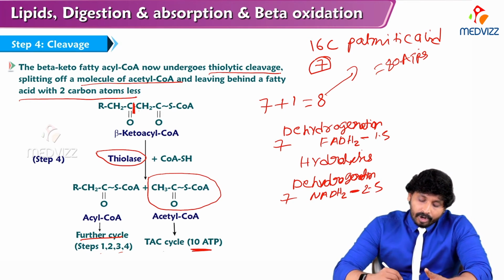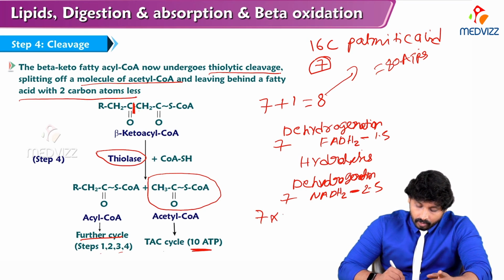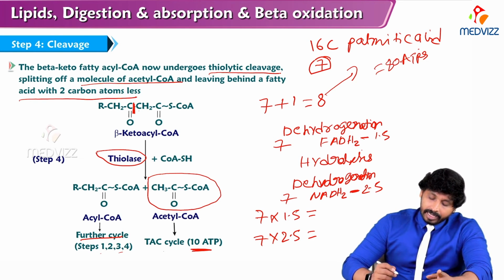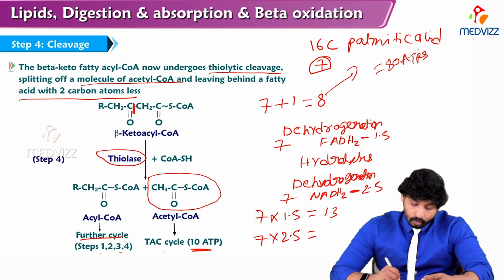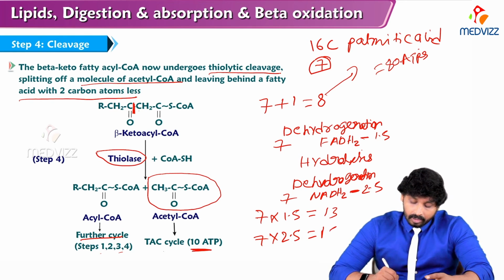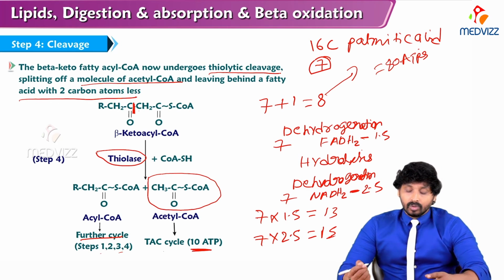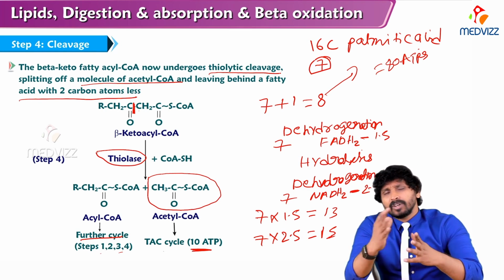So 7 into 1.5 and 7 into 2.5. 7 into 1.5 is 10.5 and 7 into 2.5 is 17.5. You have to make this calculation irrespective of the number of carbons.